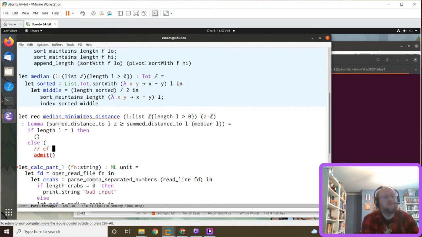Okay. So we could split it into moving left and moving right.